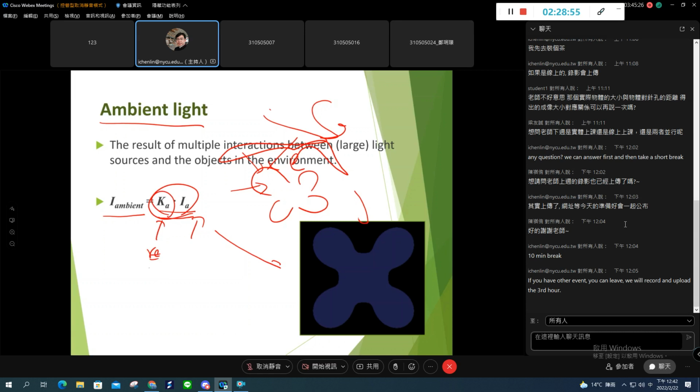For instance, it's just like 30% here, usually 0.3. When the light is 100%, called 1, and the reflection is 0.3, we can make it become 0.3. And we can do that for 3 color channels: ambient for R, ambient for G, ambient for B. Each of them has its individual reflection coefficient.